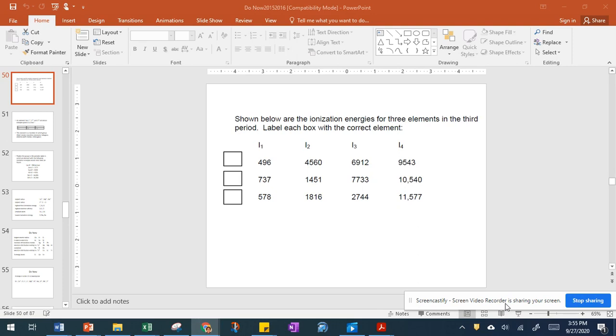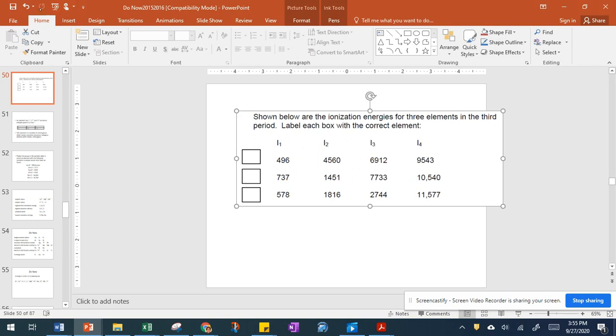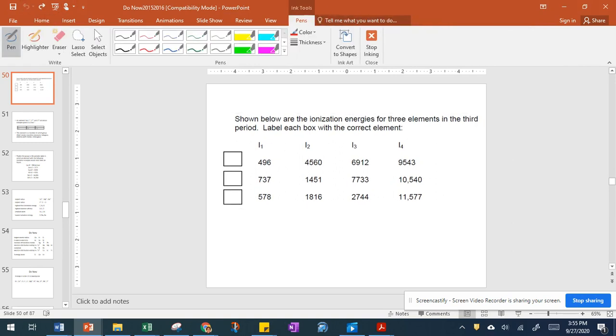Okay, so let's go over these. When I do these kinds of problems, what I think about is how big of a jump we have each time. If I look at 496 to 4560, I see it's a jump of a little less than 10 times. If I look at the next one, this is a jump of less than 2 times.